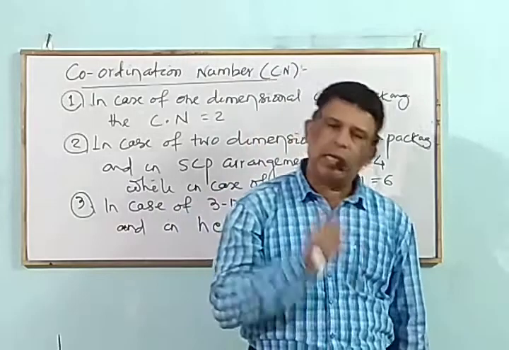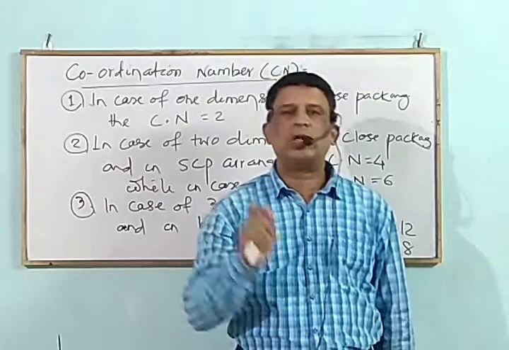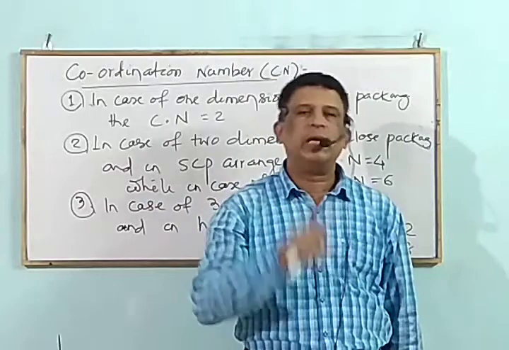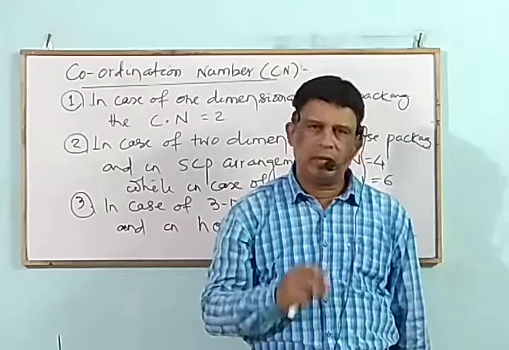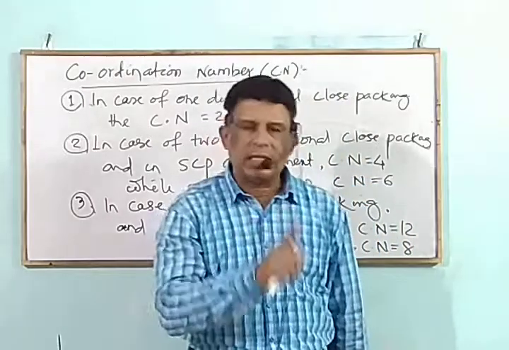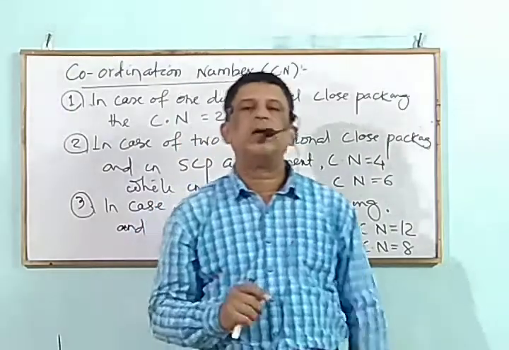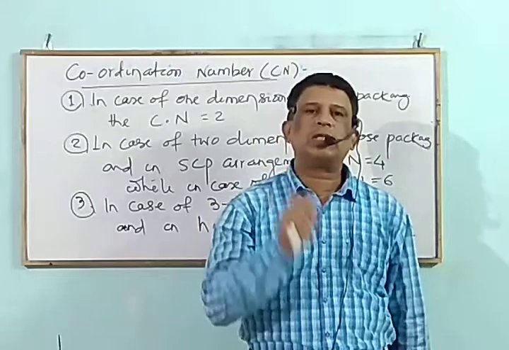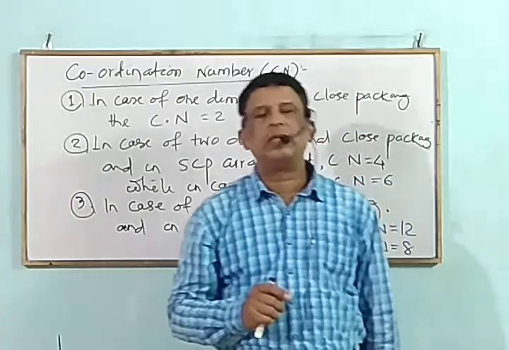And in case of hexagonal closed packing, one sphere is surrounded by 6 other spheres in contact with neighboring spheres, so its C dot N is 6. While in case of three-dimensional closed packing, in HCP and CCP, the nearest neighbor is 12. While in case of body-centered cubic arrangement, the nearest neighbor is 8.